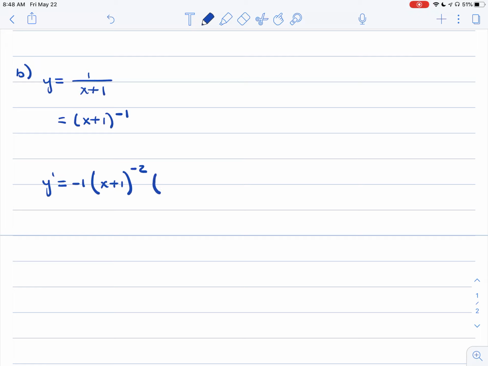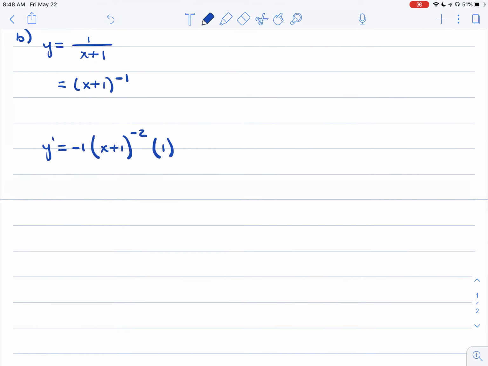Okay, and then the chain rule says we'll now multiply by the derivative of the inside function. So the derivative of x plus 1 would just be 1. And then just simplify this a bit. So I don't like that negative exponent there, so I'm going to put that in the denominator. So we would have negative 1 divided by x plus 1 quantity squared. And that's our answer.